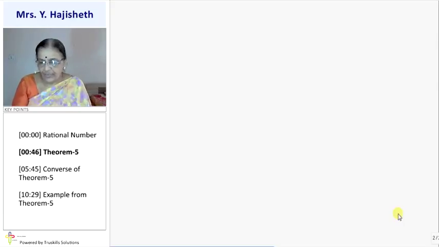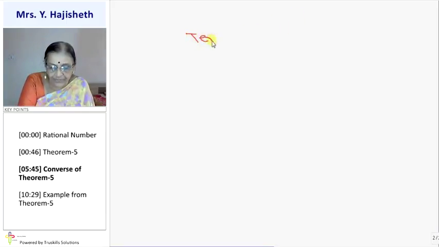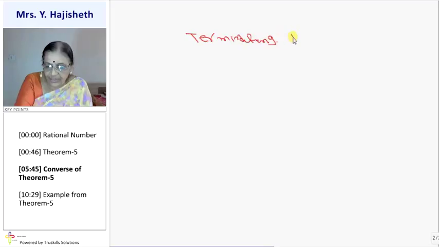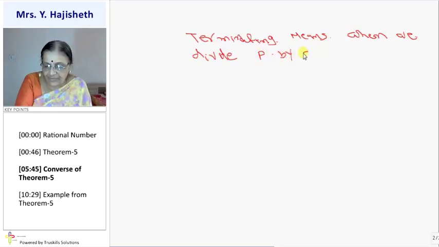Okay. Now, I explained orally, but now again I am explaining what we mean by terminating. Detailed meaning of terminating I want to give. If you want to express any rational number in a decimal expansion, then you have to divide p by q, okay?